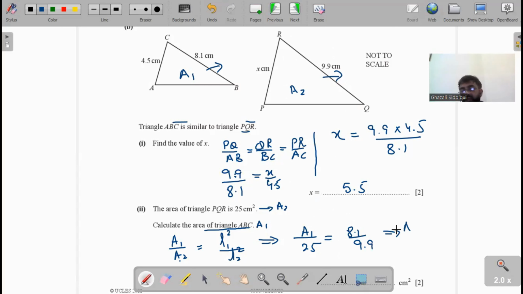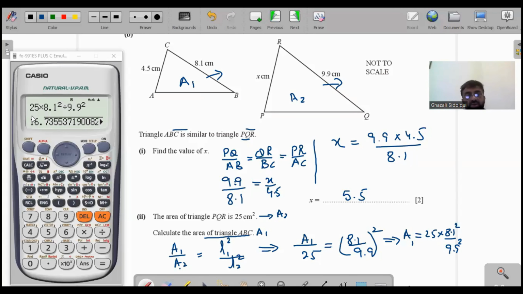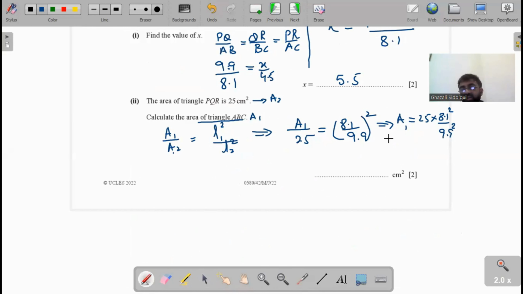Now A1 will be equal to 25 multiplied by 8.1 squared over 9.9 squared. We calculate: 25 multiplied by 8.1 squared divided by 9.9 squared, we get 16.73. Rounding to three significant figures, the answer is 16.7.